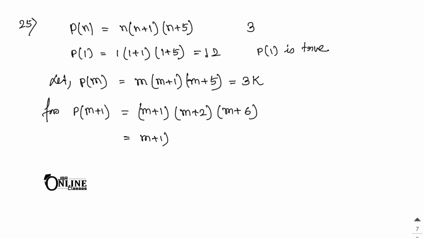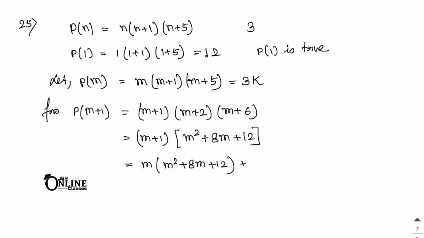So write down m plus 1, then multiply the second ones: it's m square plus 8m plus 12. Now if you multiply this, m into (m square plus 8m plus 12), and then again multiply with 1, m square plus 8m plus 12. Now you have m(m+1)(m+5) equal to 3k.